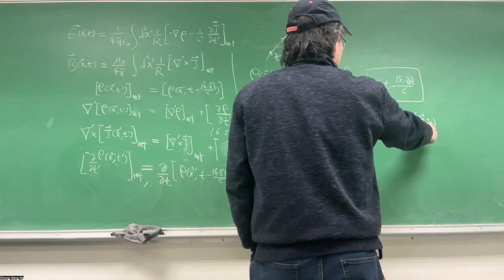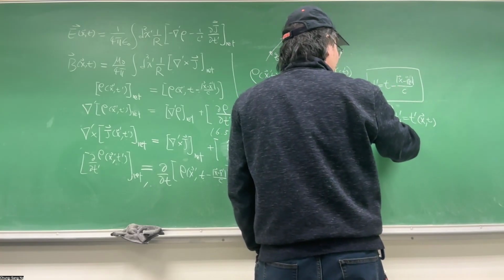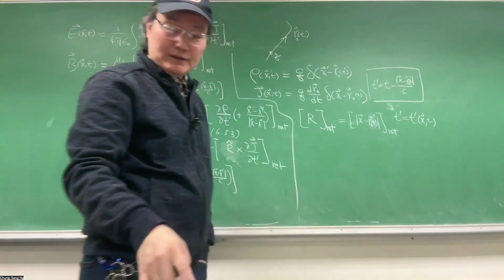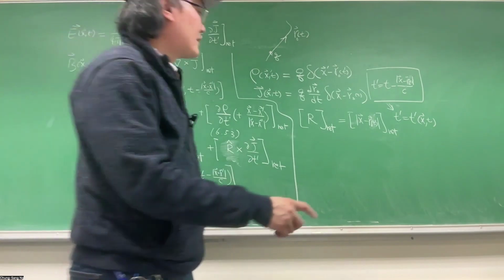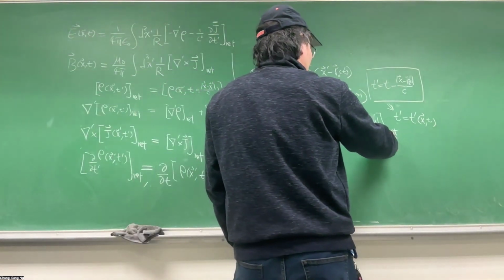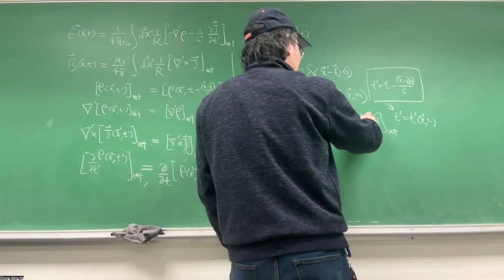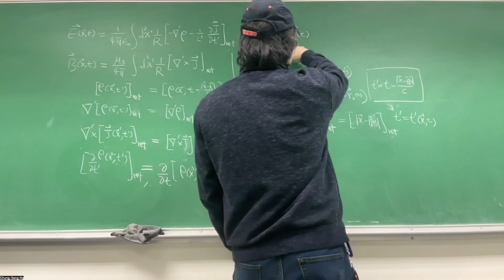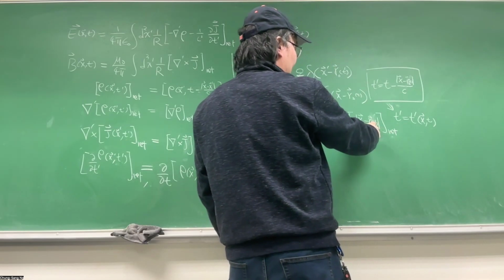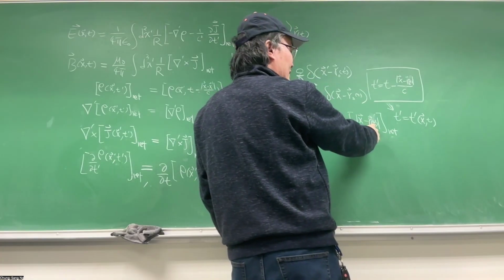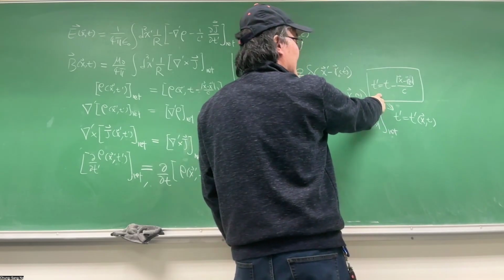So you need to solve for t prime as a function of x and t. Given an x and t, you solve for t prime, especially the retarded. This is called the retarded time. So in 6.58 and 6.59, the retarded bracket means you evaluate at the retarded time. So x minus r sub 0 vector, which is given as a function of t prime, you evaluate at what we call the retarded time. But the retarded time needs to be solved by this equation.